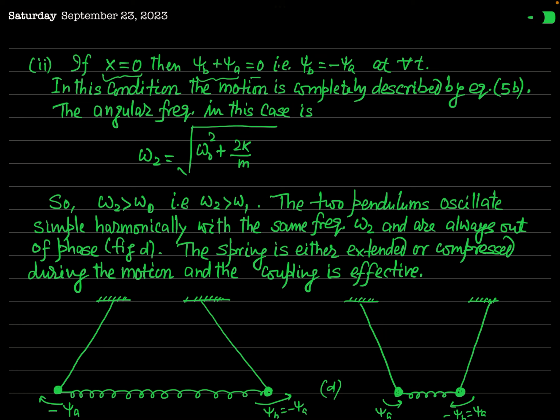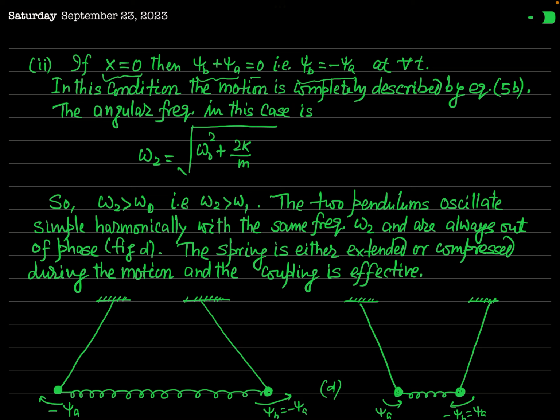It means psi b is equal to minus psi a. What does this minus sign refer to here? It refers to the displacements of the two pendulums being in just opposite directions.